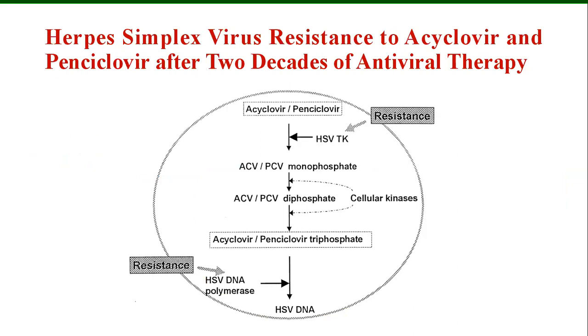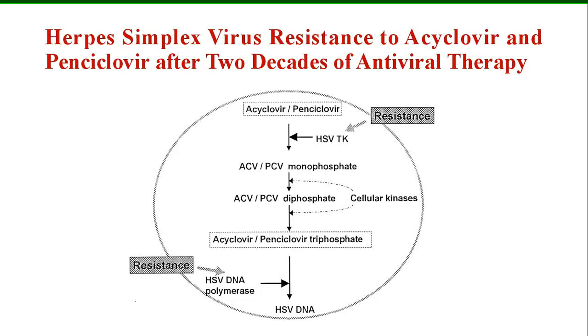Due to the prolonged use of this type of drug for decades, herpes simplex virus has developed resistance to acyclovir and penciclovir. This is indeed a dreadful situation for us. We have to think of an alternative. The herpes simplex virus thymidine kinase, which acyclovir or penciclovir utilize to prepare their monophosphate, has been changed by the virus.